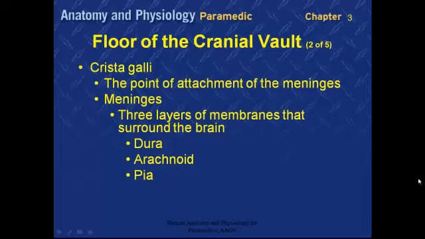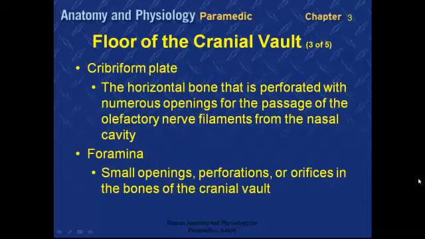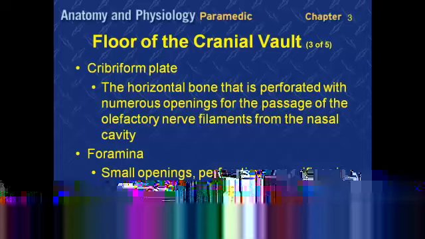Remember that the meninges are the 3 layers of membranes that surround the brain and spinal cord: the dura, the arachnoid, and the pia. The cribriform plate is the horizontal bone that is perforated with numerous openings for the passage of olfactory nerve filaments from the nasal cavity. The foramina are small openings, perforations, or orifices in the bones in the cranial vault.